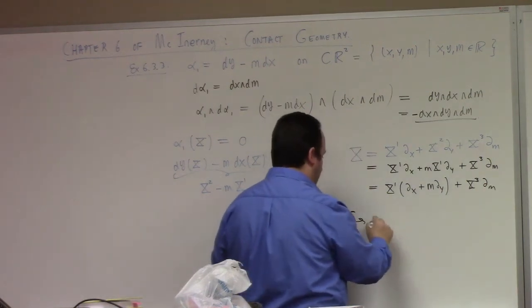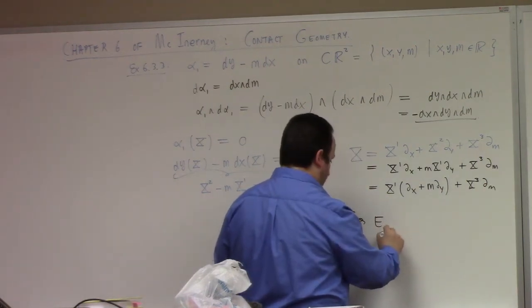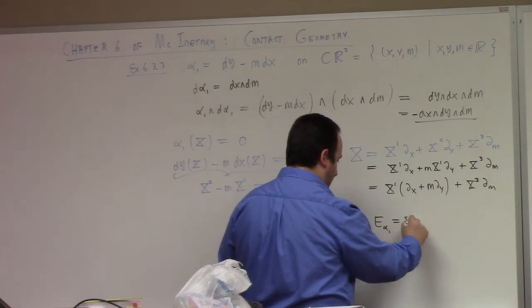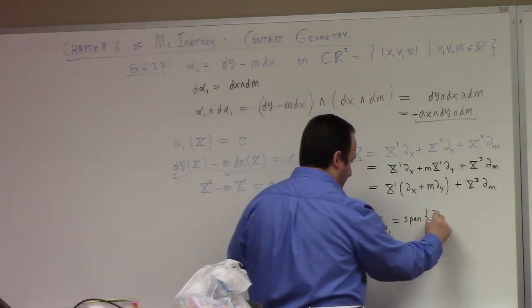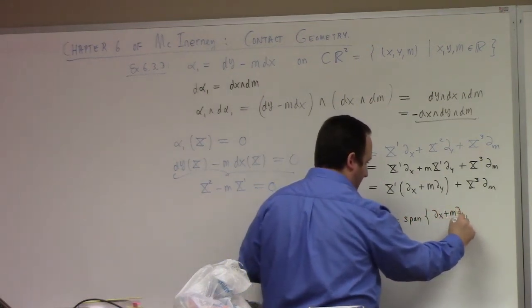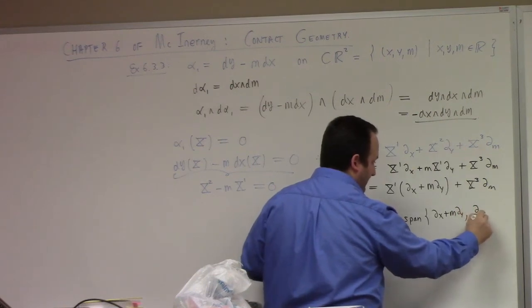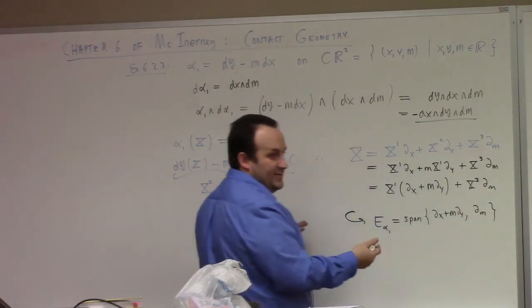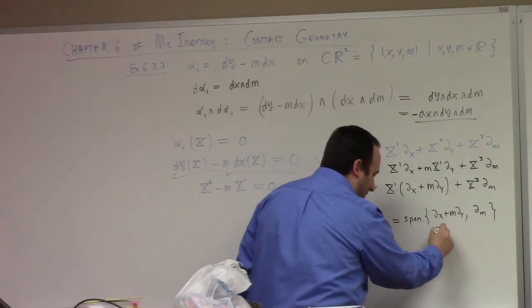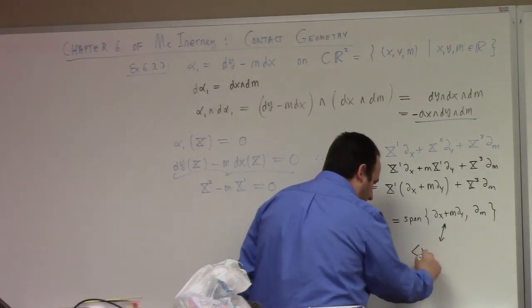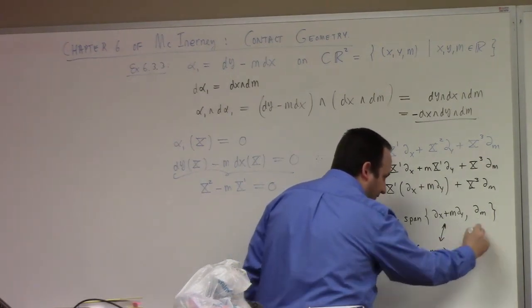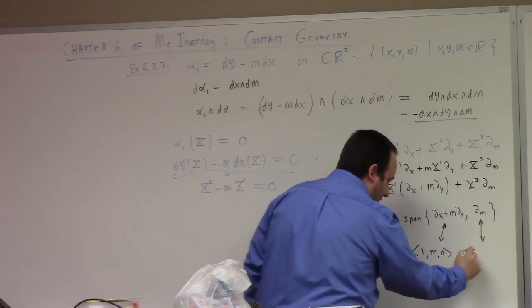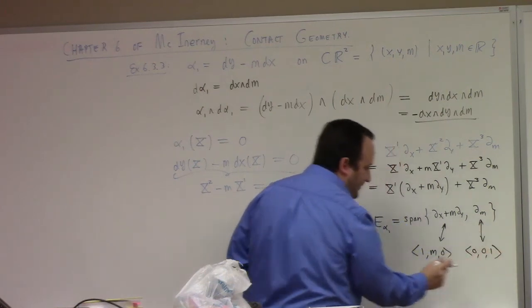So my distribution here for alpha 1 is the span of partial x plus m partial y and just partial m. In McNerney, this would appear as 1, m, 0, and this would appear as 0, 0, 1.